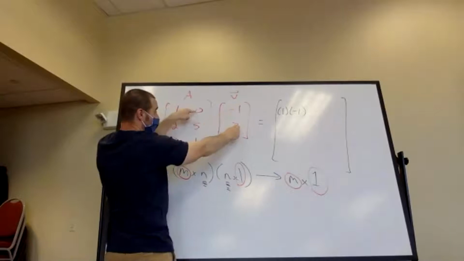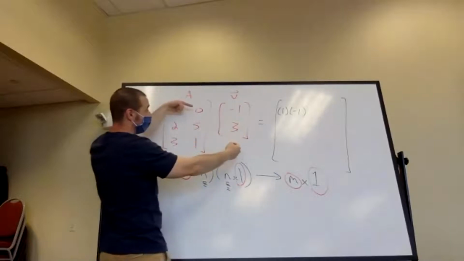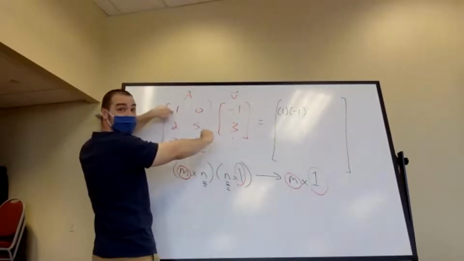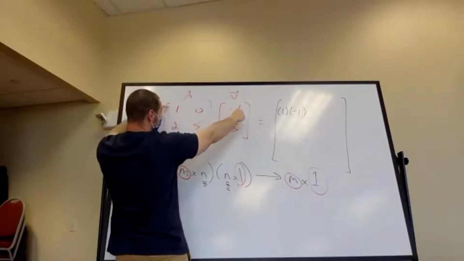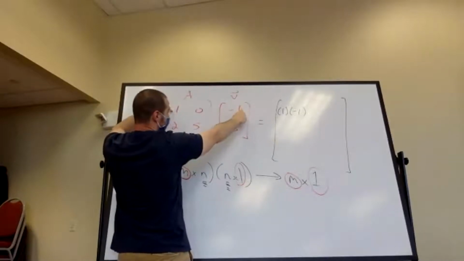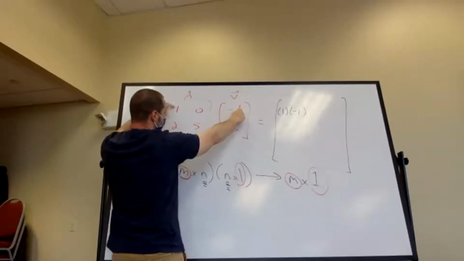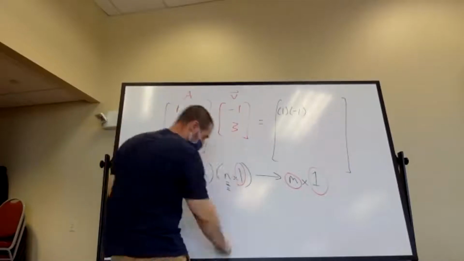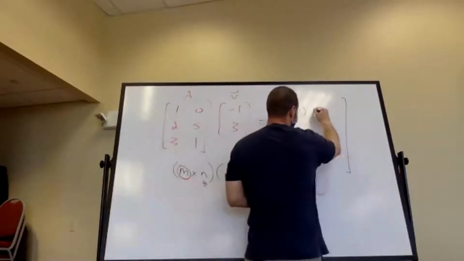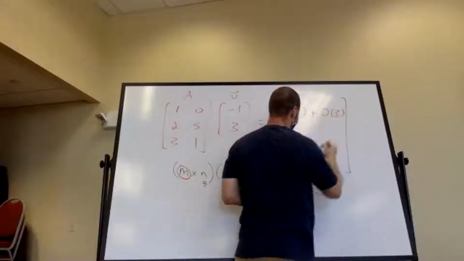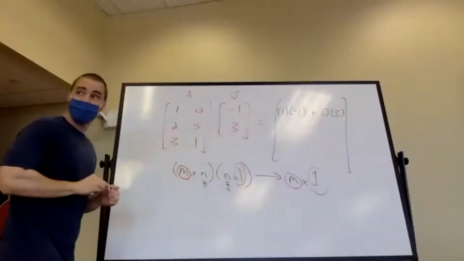So you're going to do this with your hands. This finger moves left to right. This finger moves down. And at each spot your fingers are, you multiply the 2 entries. Then when you move your fingers, you add. So then you'll add 0 times 3.